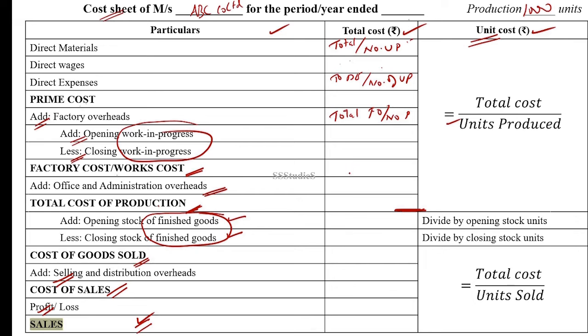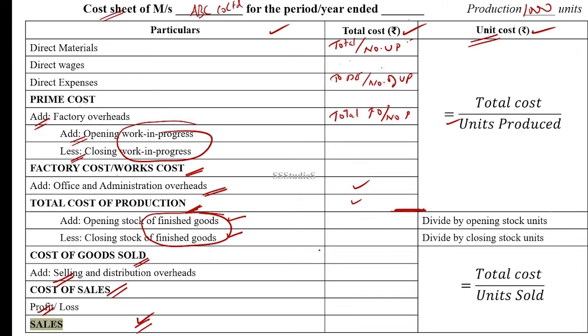Factory cost divided by number of units produced, you will get the factory cost per unit. And office and administration overheads divided by number of units produced, you will get office and administration overheads per unit. Total cost of production divided by number of units produced, you will get cost of production per unit.